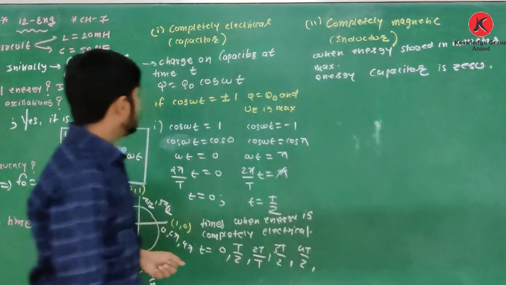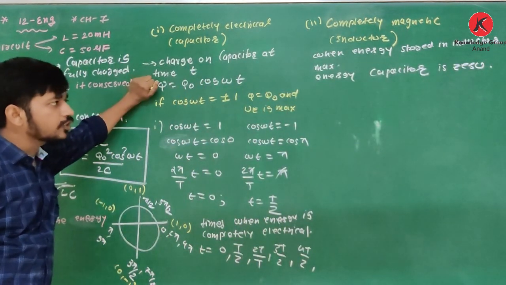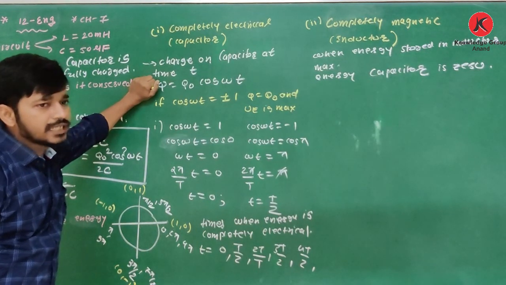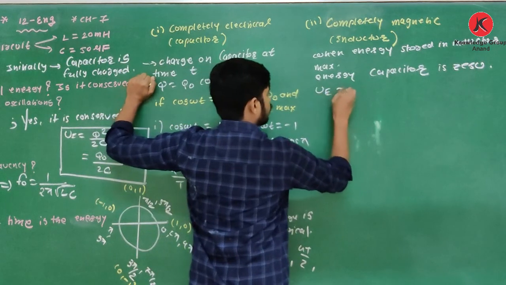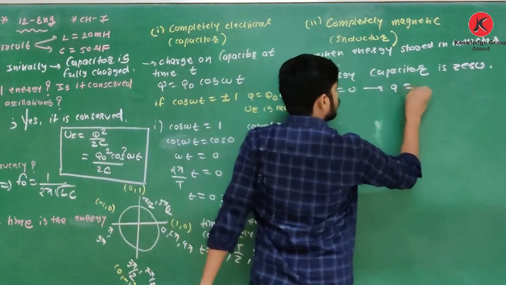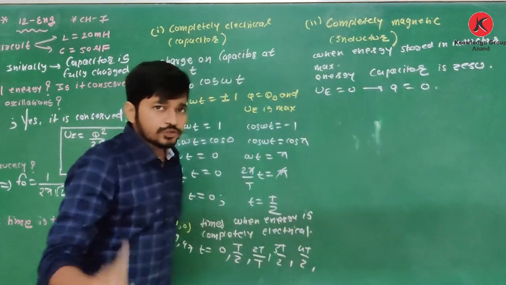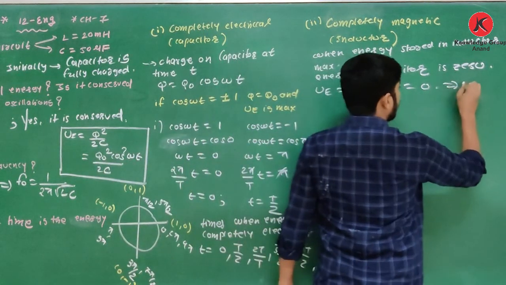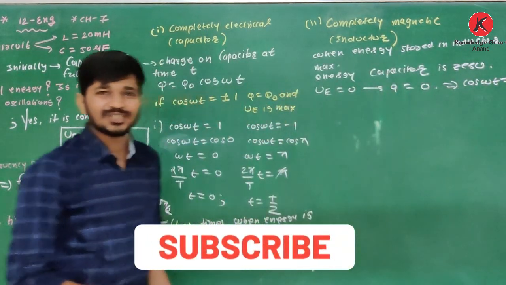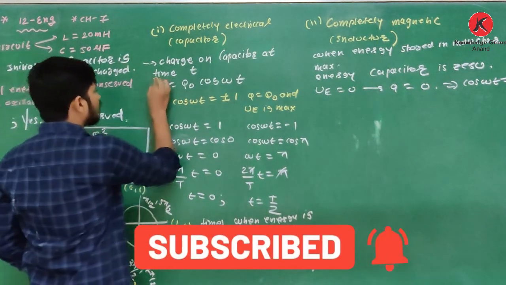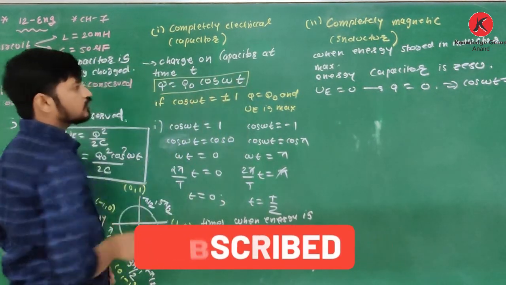Yes or no? Energy stored in capacitor is 0, it becomes UE is equal to 0 when Q is equal to 0. And Q is equal to 0 when cos omega t is equal to 0. Yes or no? So from this only one equation we can find these two cases.